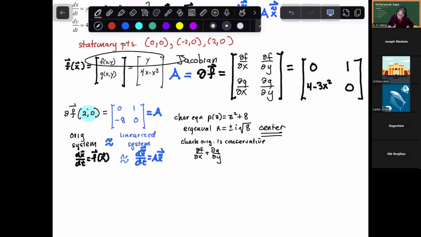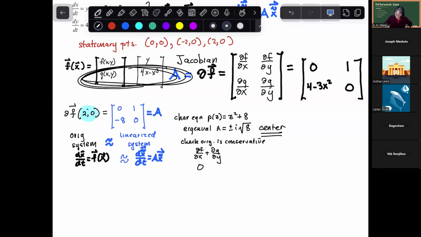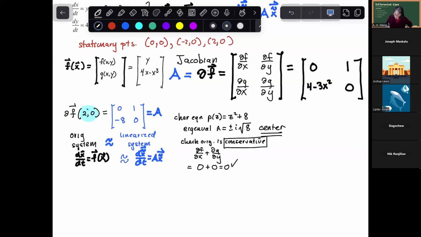What is the derivative of this with respect to x? 0. What is the derivative of that with respect to y? 0. Okay, so we need it to be conservative so that our linearized system will resemble the original. So this is all set.